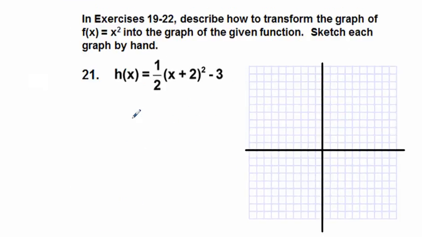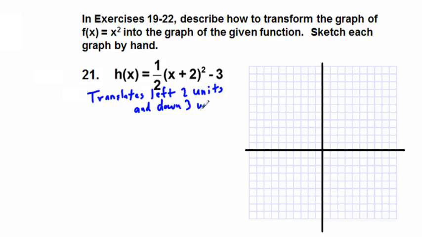Next on our problem, we have 21. Again, in the vertex form, in this case it translates to the left, so we will say translates left 2 units and also down 3 units.